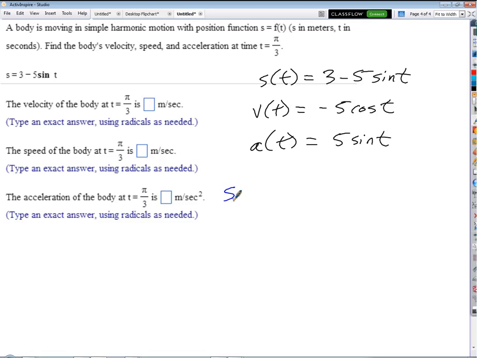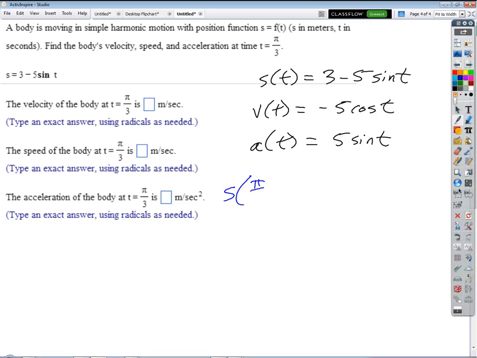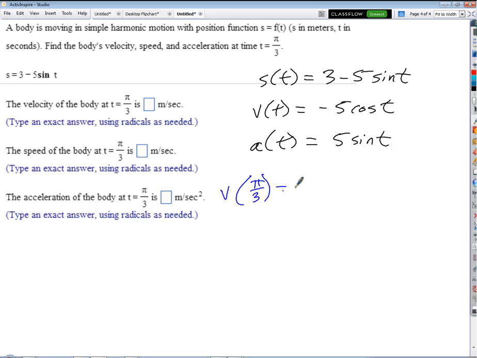Okay, all right, so S of, sorry, we don't want S, we want V. So V of pi thirds is just 3 minus 5 times sine pi thirds.